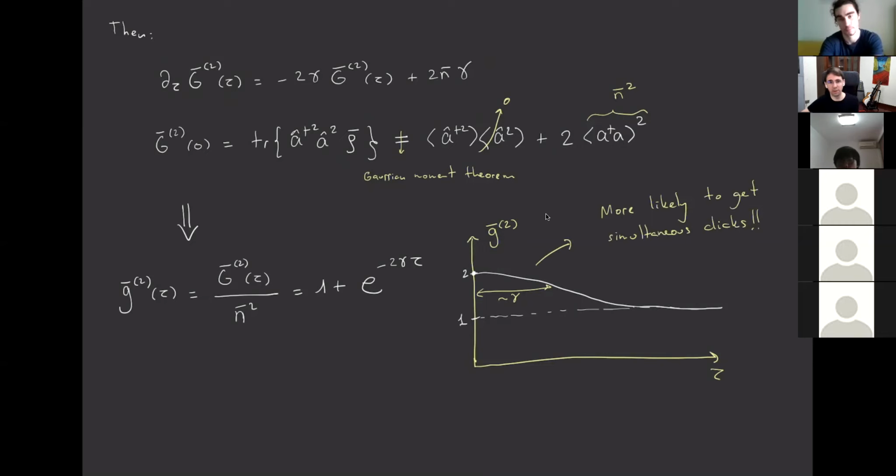It's just the probability that if I get a click at some time, then I get the next click at time tau. So this is saying that for a thermal source, it's more likely that you get the two clicks together than that you get them separate, okay? And this is a phenomenon that we call bunching.